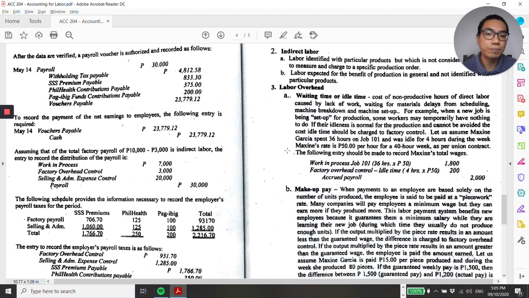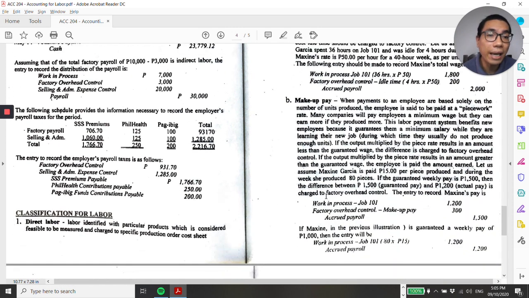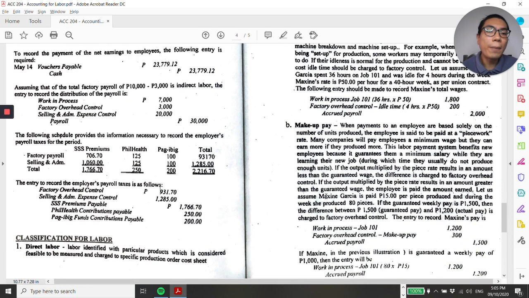Okay. For the make-up pay. So, yung make-up pay naman natin, based siya on the actual units produced ng certain employee. And dun usually naka-base yung matcha-charge na direct labor costs natin. Pero for most employee contract, hindi naman siya, kung ilan lang yung na-produce, doon talaga naka-base solely yung kanyang sahod.